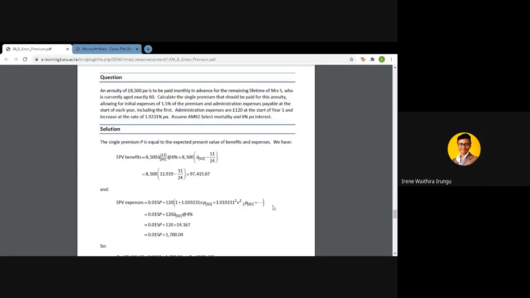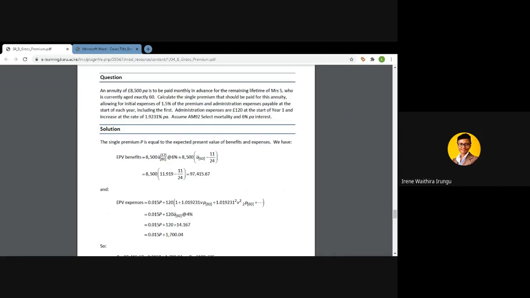That will continue on. What we have here in the brackets forms an annuity due, an annuity due again to a life aged 60.